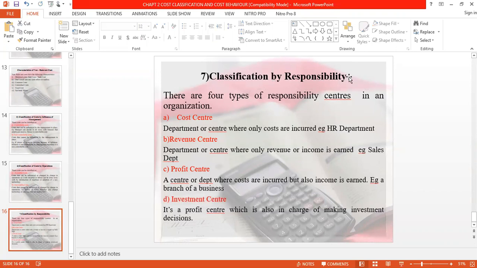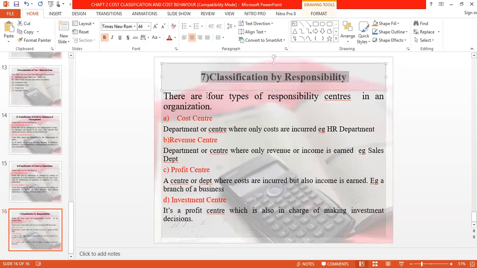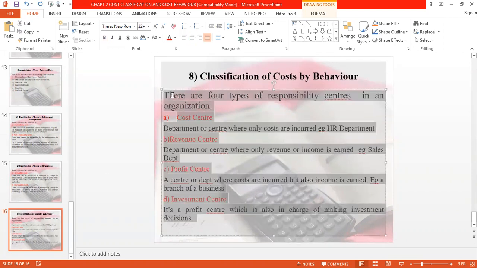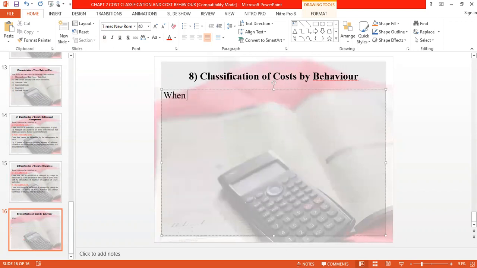Finally, there is the last classification that is longer, number 8, and this is the most important. Classification of costs by behavior.